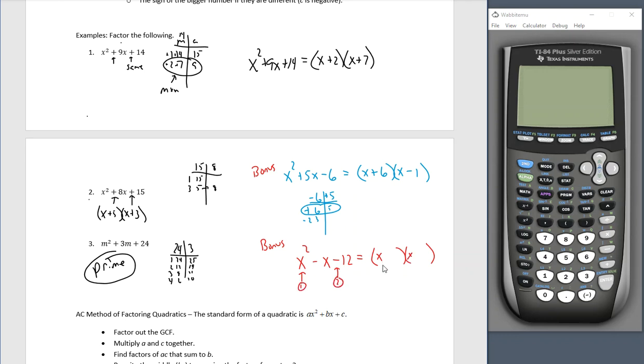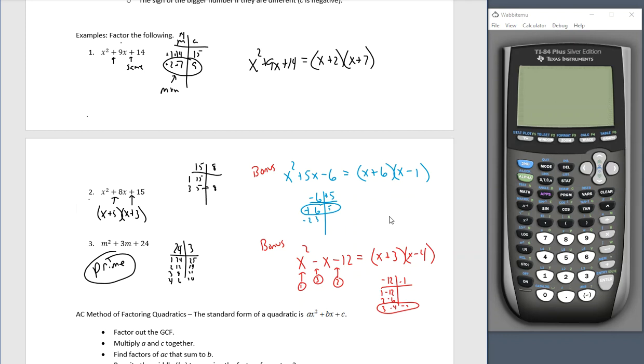I multiply to get a negative, so they'll have opposite signs. I know the bigger one is negative, so I want to multiply to get a negative 12 and add to get a negative 1. Oh, look at that. 3 and negative 4 makes it work. So a positive 3, a negative 4, and we can still find the factored form.